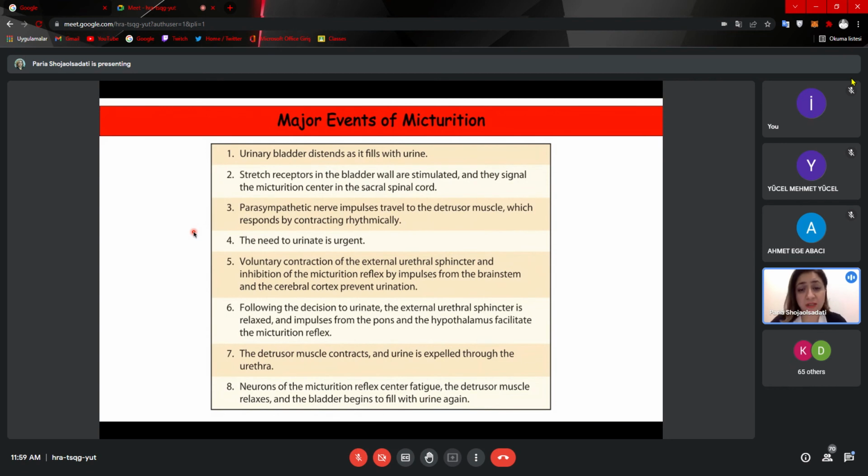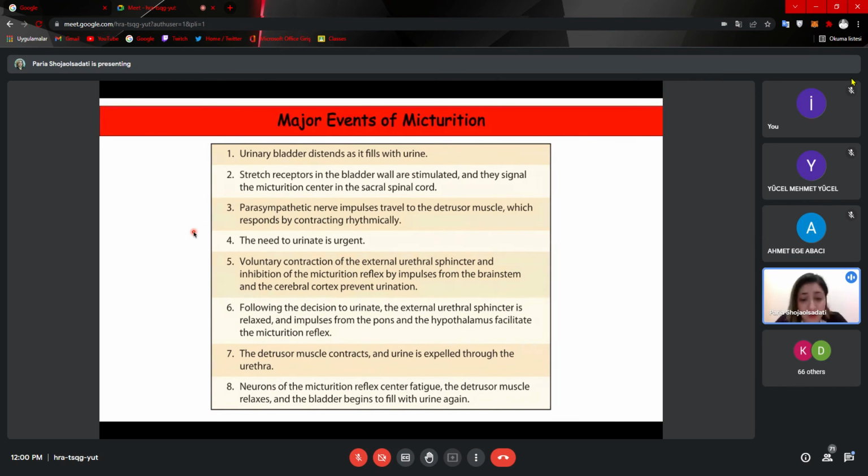Voluntary contraction of the external urethral sphincter and inhibition of the micturition reflex by impulses that come from the brain stem and cerebral cortex prevent urination. Following the decision to urinate, the external urethral sphincter is relaxed voluntarily and impulses from the pons and hypothalamus facilitate the micturition reflex.